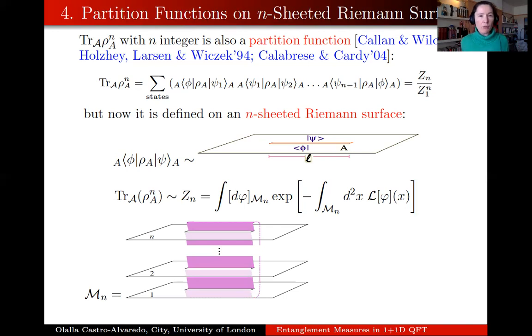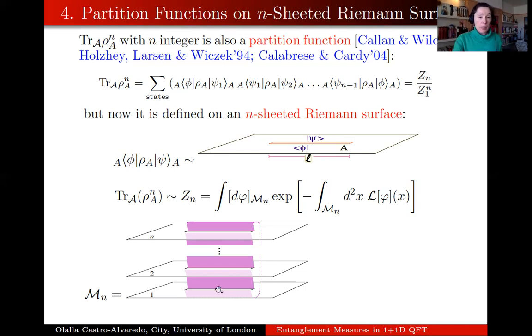So in this Riemann surface that has n sheets, because we're doing a power n, these different copies of the complex plane have been connected to each other, and those connections reflect the connections of those states in the product up here. And at the end, because there is a trace, they are actually cyclically connected. So the first sheet is connected to the nth sheet.